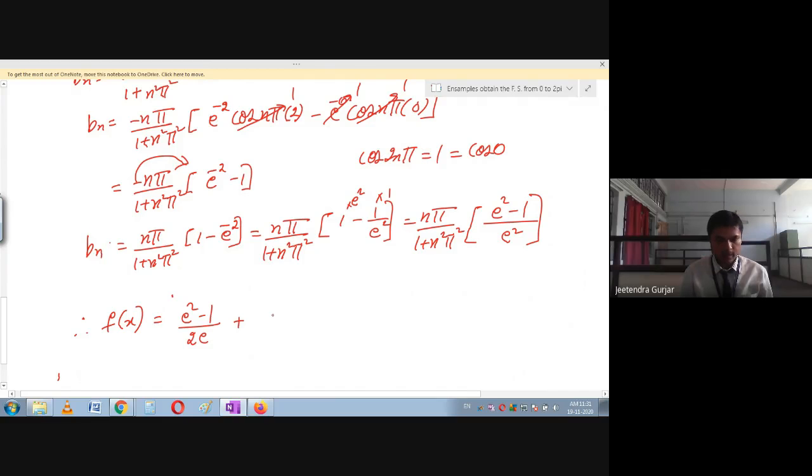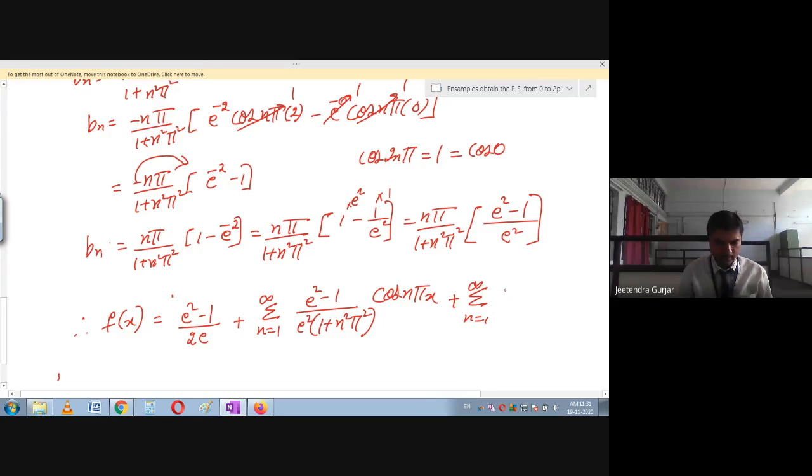Plus, next substitute an: summation n from 1 to infinity of an, which is e raised to 2 minus 1 divided by e raised to 2 times 1 plus n square pi square, and this value is cos n pi x. Plus, again bn.